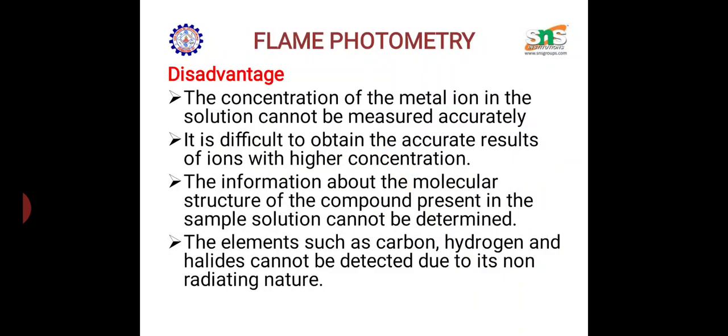Elements like carbon, hydrogen, and halides cannot be detected due to their non-radiating nature. Remember, alkali and alkaline earth metals can be determined, but carbon, hydrogen, and halides are non-radiative, so we can't easily determine them by this method.